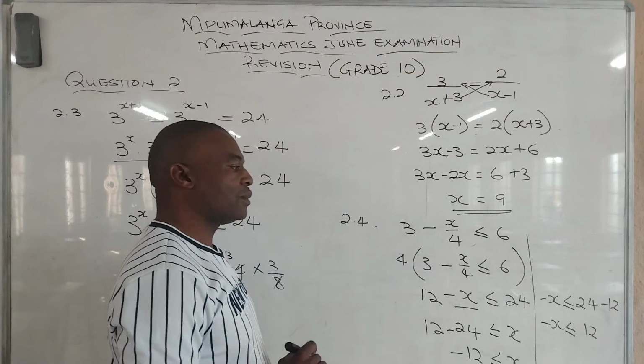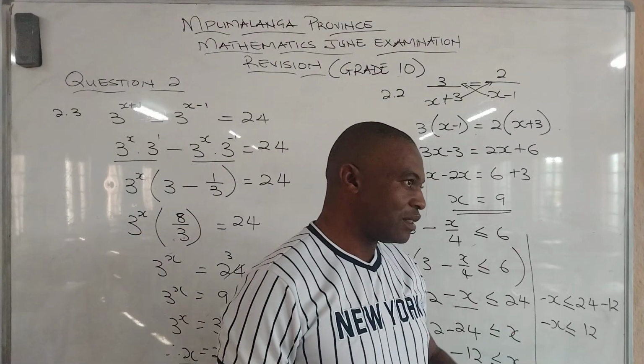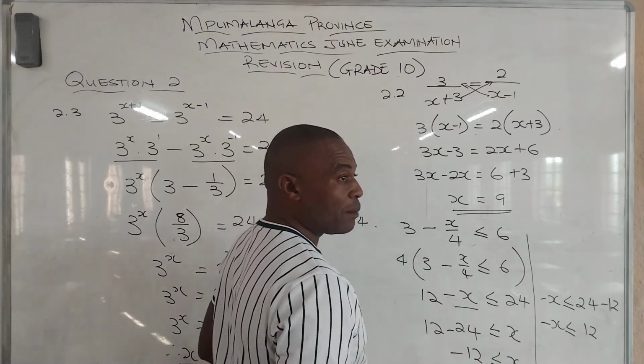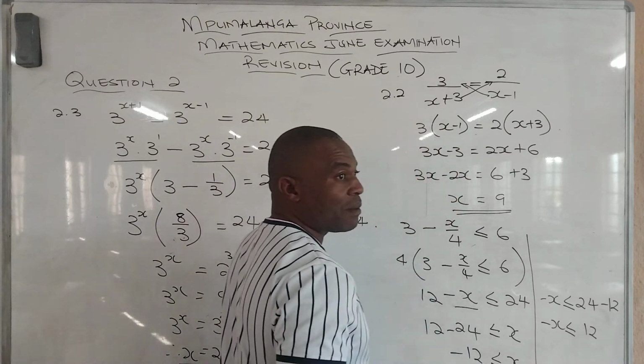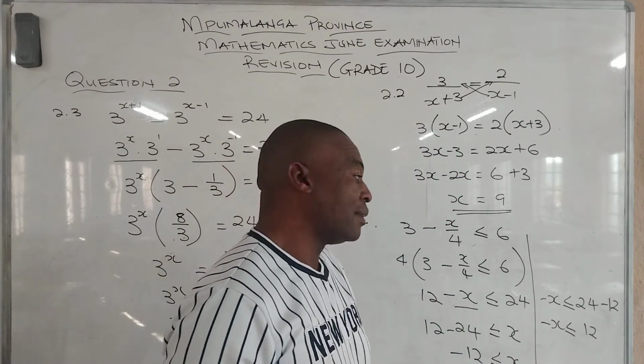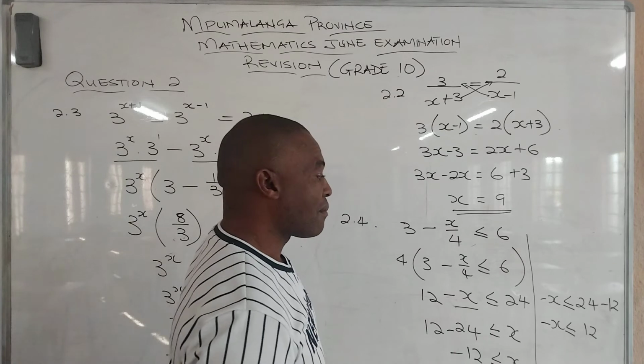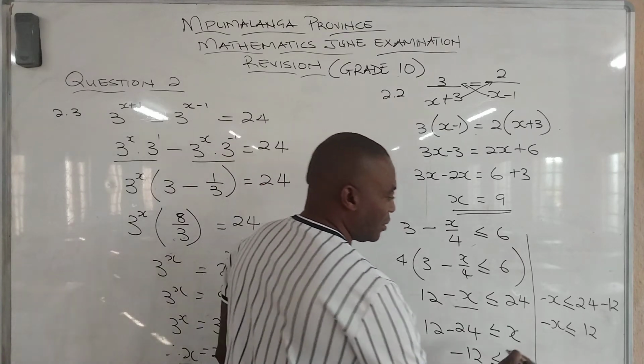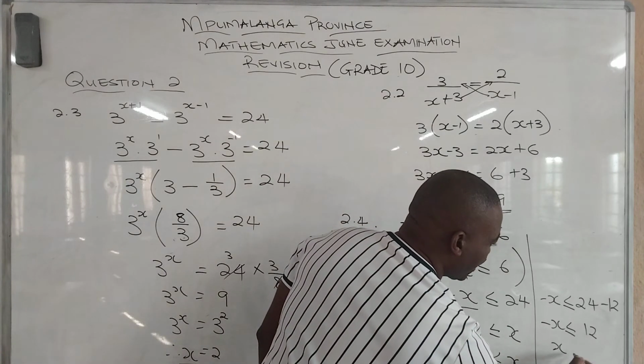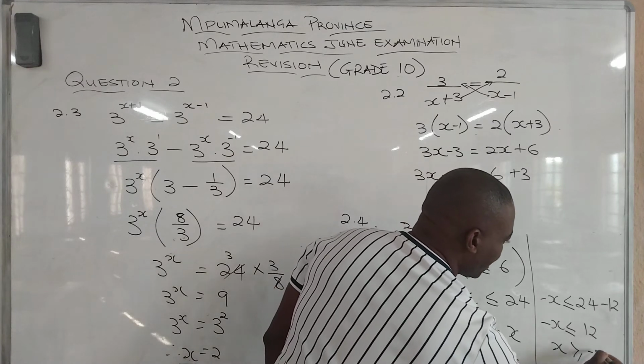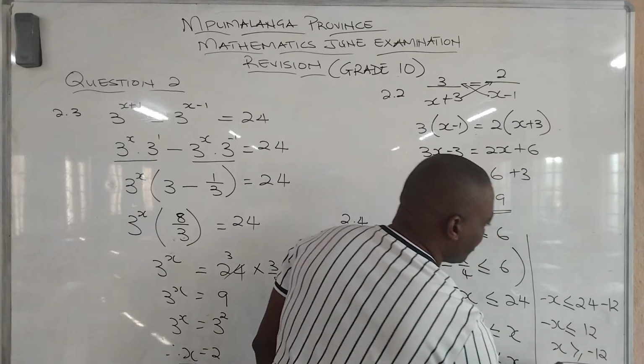And definitely you need to multiply by negative 1 or divide by negative 1. And remember, when you multiply or divide an inequality by a negative, the inequality sign changes. So that means our x will be greater or equal to negative 12.